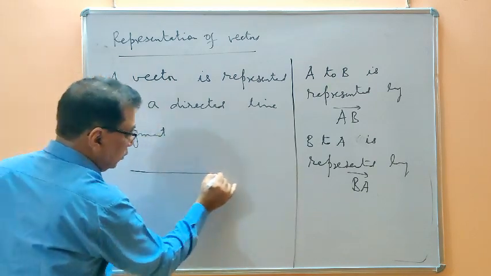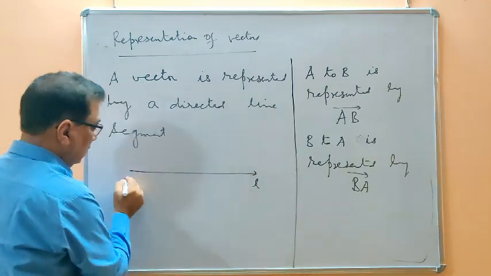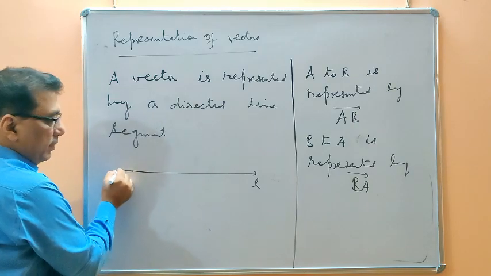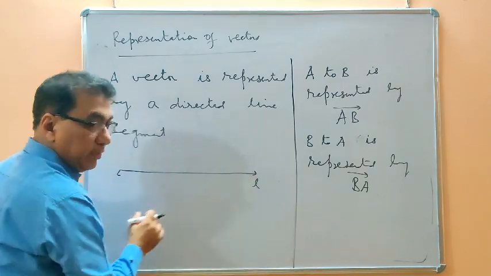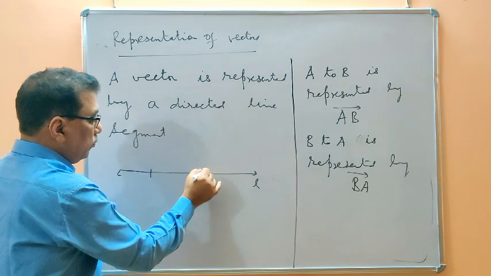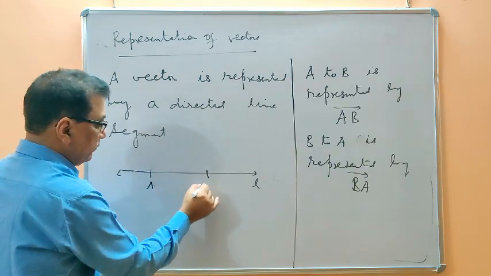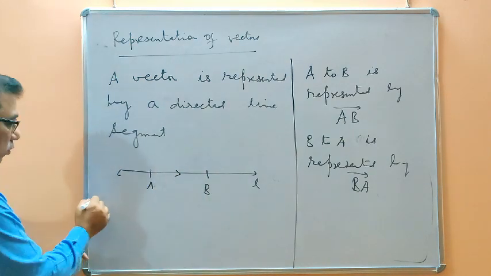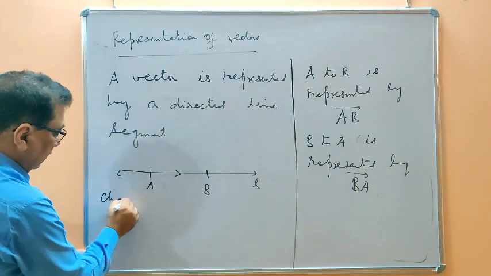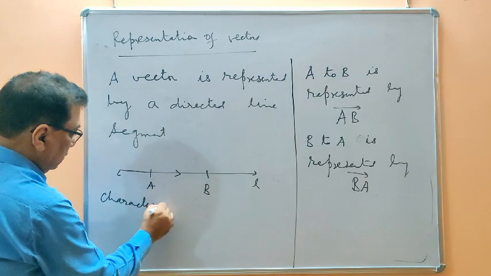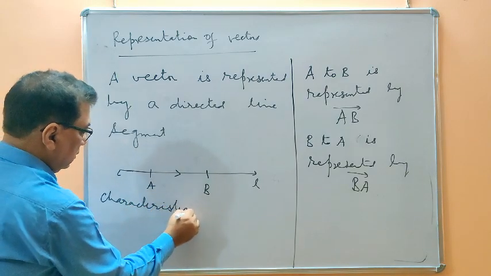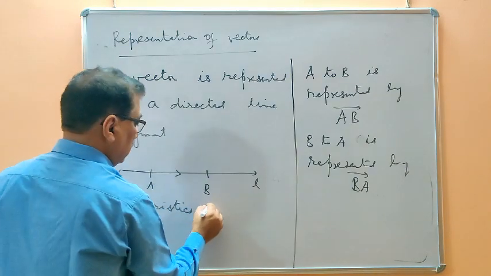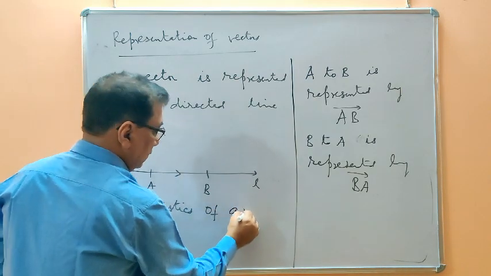Now coming back to the previous diagram, in which we have taken one line L and two points on it, A and B, we say that AB is a vector. So what characteristics do we find here of a vector?